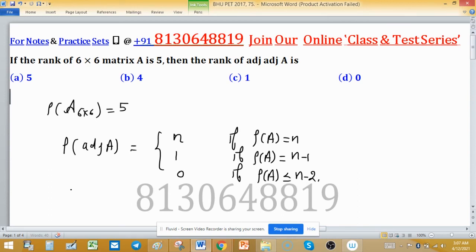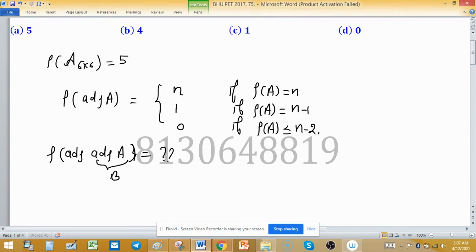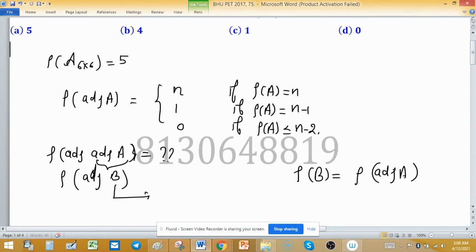It means that in this question we are asked about the rank of adjoint of adjoint A. So consider adjoint A as matrix B. It means the rank of adjoint B. For this we have to find the rank of B. B is adjoint A, so find the rank of adjoint A. Because the rank of A is 5, and 5 can be written as 6 minus 1, this is n minus 1, this property is followed.